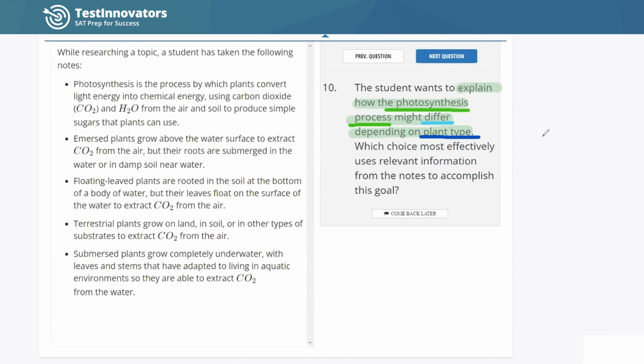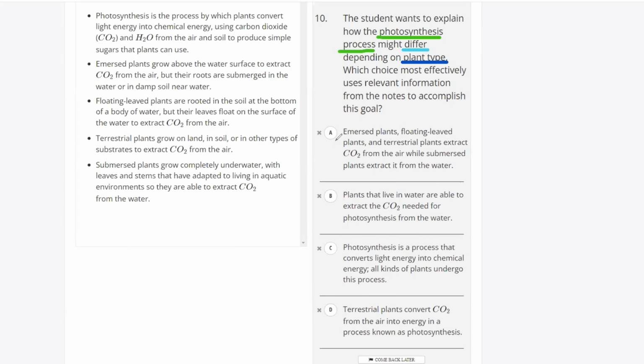Let's take a look at our choices. Choice A. Immersed plants, floating leaf plants, and terrestrial plants extract CO2 from the air, while submersed plants extract it from the water. All right? Let's look for evidence of each part of our goal.